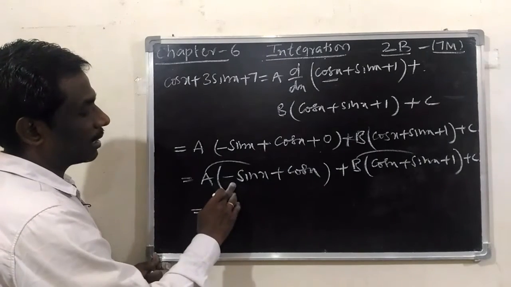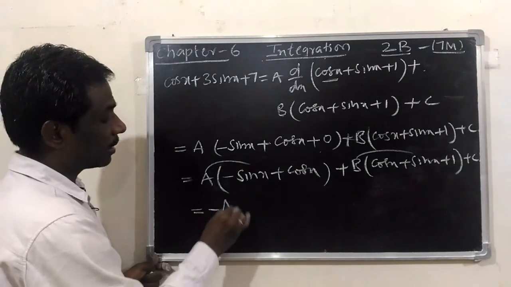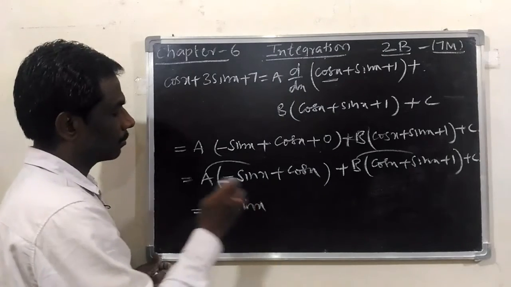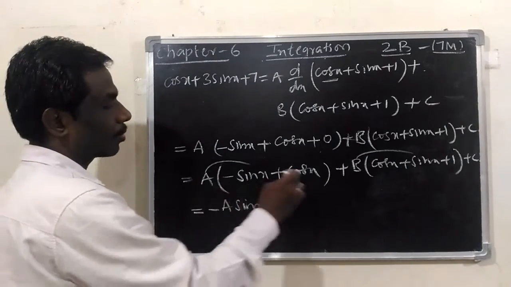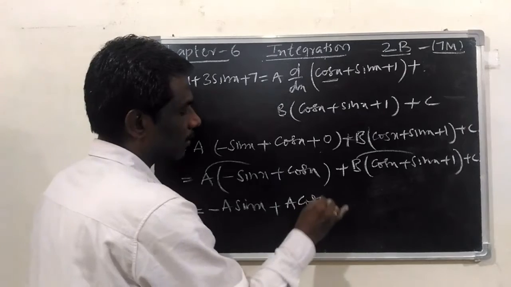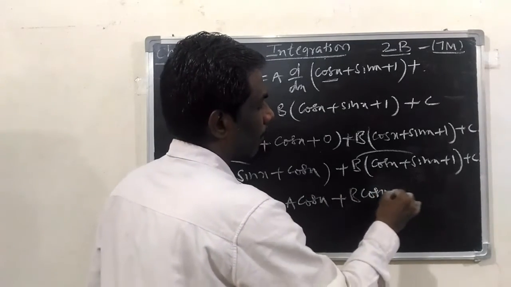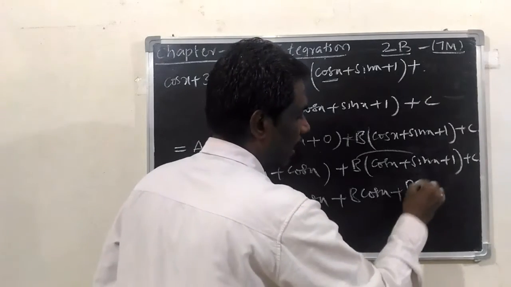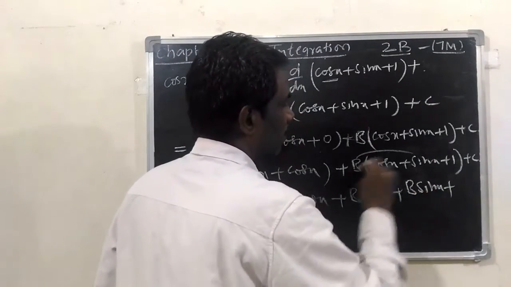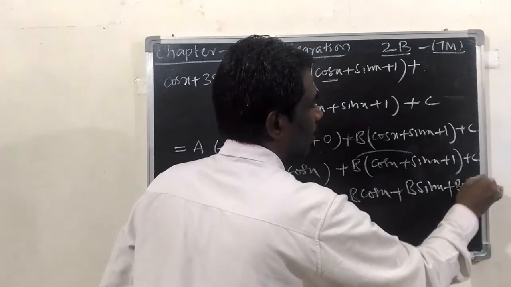So a into minus sin x is minus a sin x, plus a cos x, plus b cos x, plus b sin x, plus b, plus c.